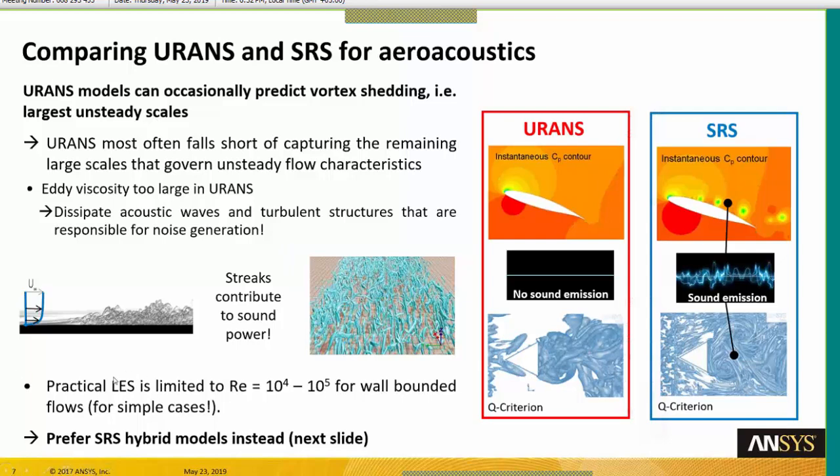So for practical LES, there is a limit. Why? Because, as you can imagine, with a high Reynolds number you will capture more and more eddies. The higher the Reynolds number in your simulation, the larger the number of eddies that you can capture inside your simulation. But I said you can, because you still need a very fine grid to capture all these eddies.